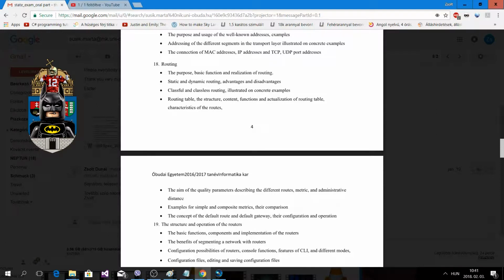Static and dynamic routing, advantages and disadvantages. It is really easy. Static routing does not use CPU that much, and it does not use that much bandwidth. The path from source to destination is always the same.